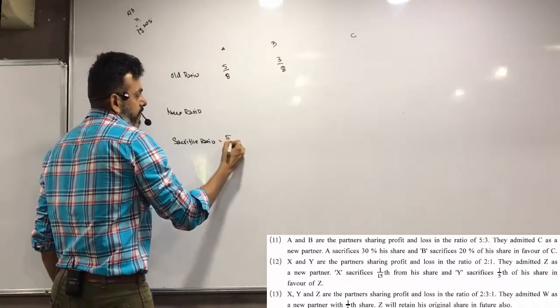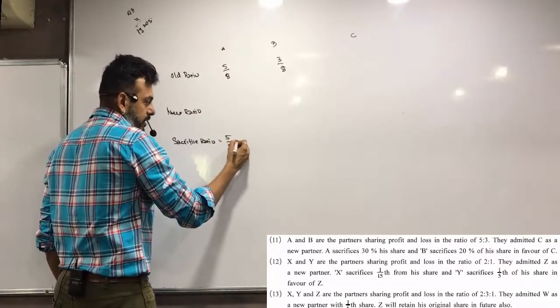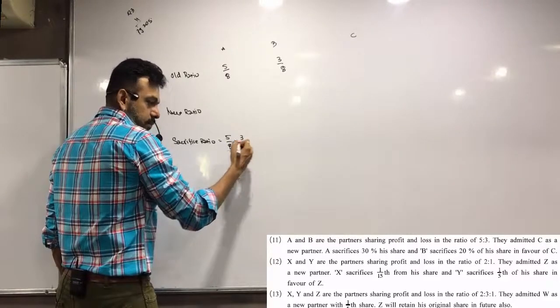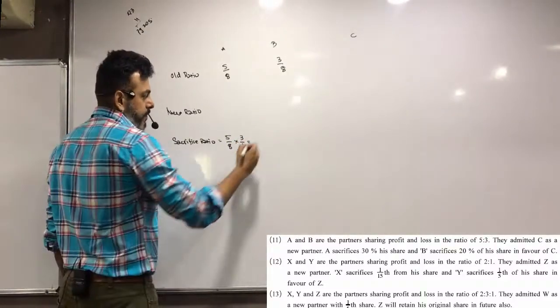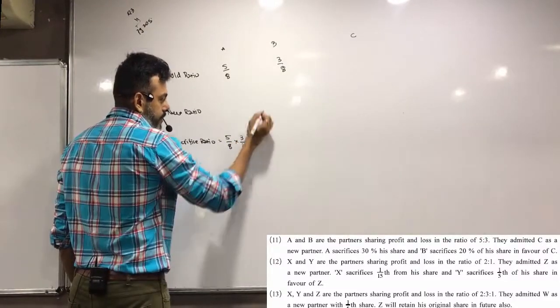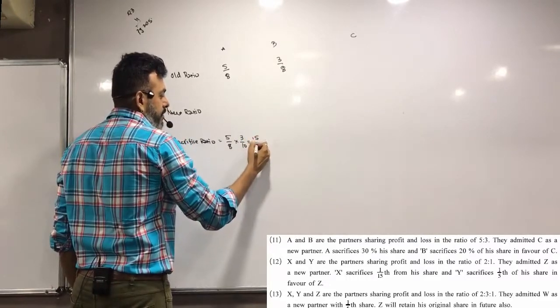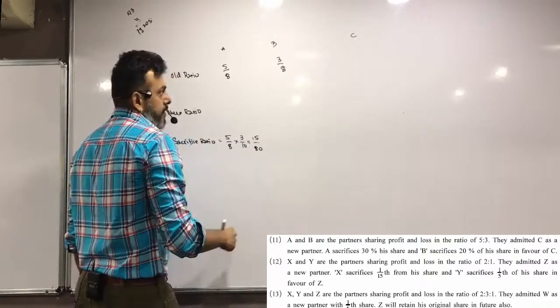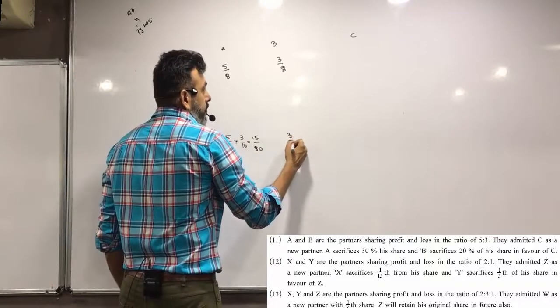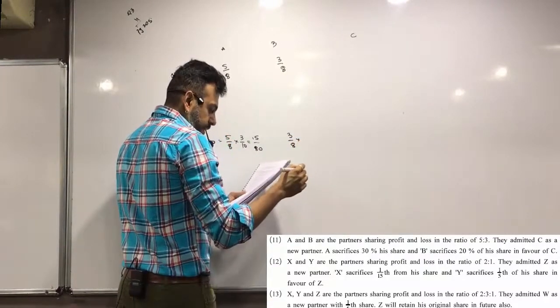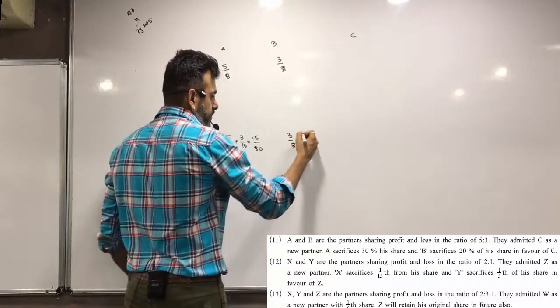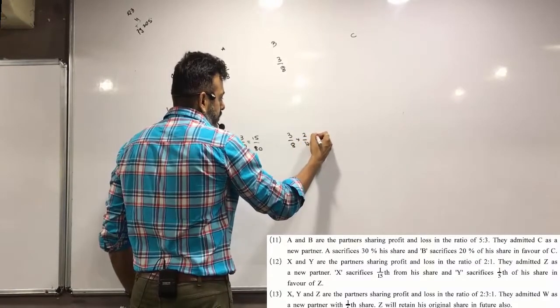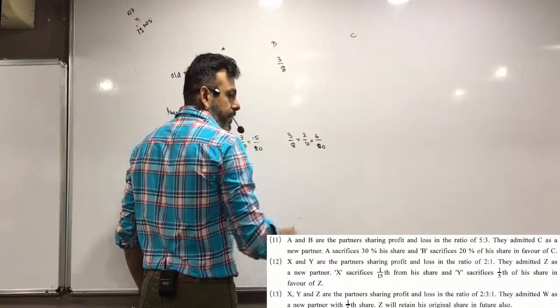So what is the share? 5 by 8. Its 30% is 3 by 10, which gives 15 by 80. B sacrifices 20% of his share. So 2 by 10, 6 by 80.